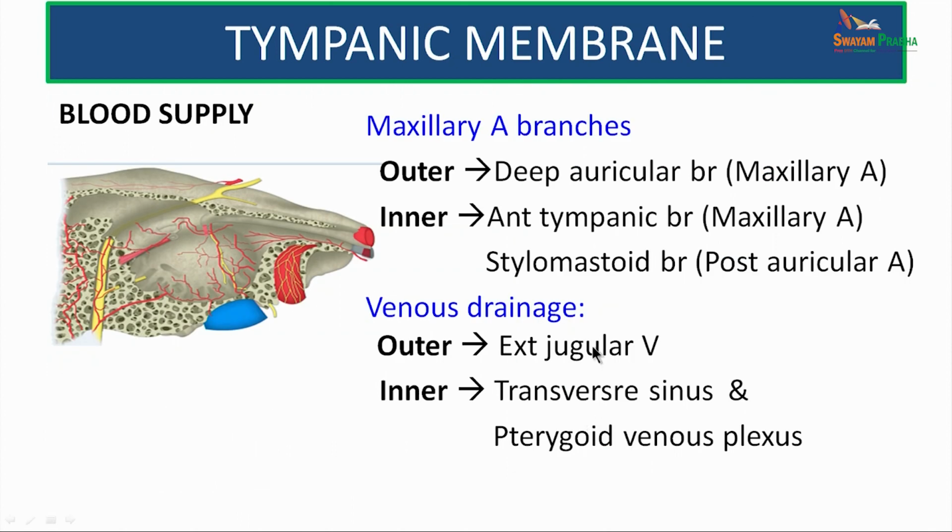Talking of the blood supply of the tympanic membrane, basically it is supplied by the maxillary branches. The outer part is supplied by the deep auricular branch of the maxillary artery, whereas the inner part is supplied by the anterior tympanic branch of the maxillary artery and the stylomastoid branch of the posterior auricular artery.